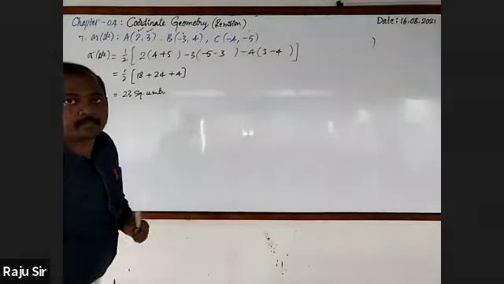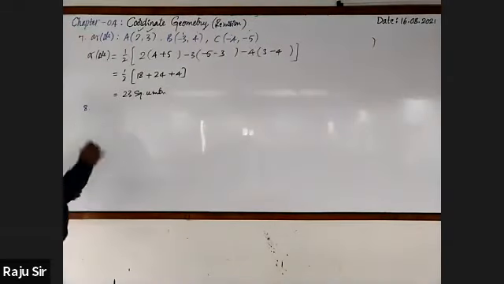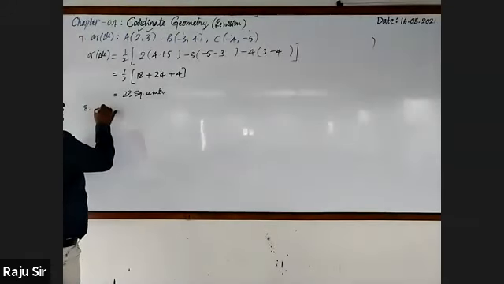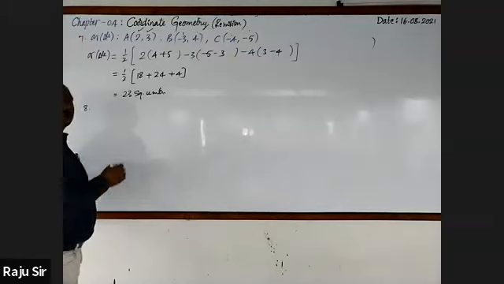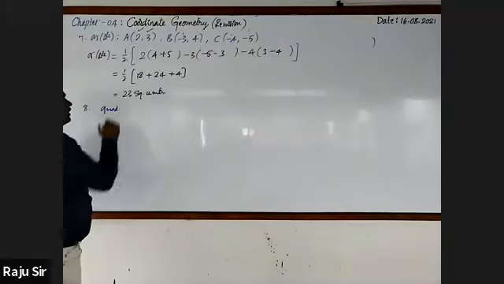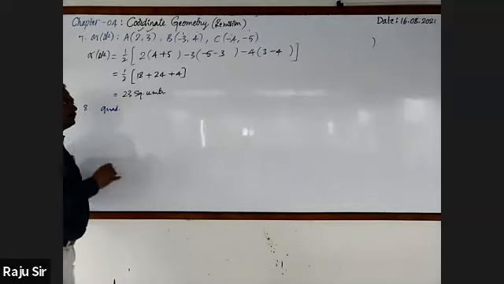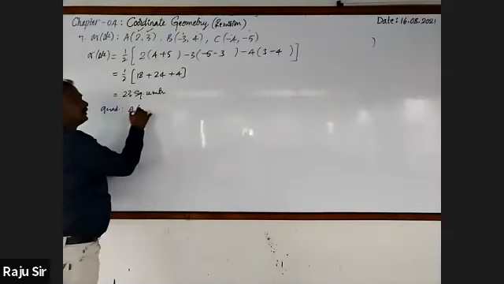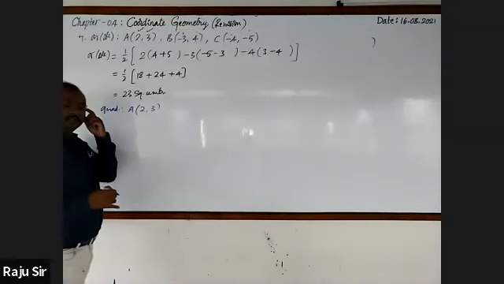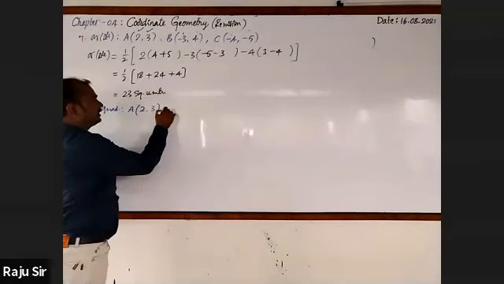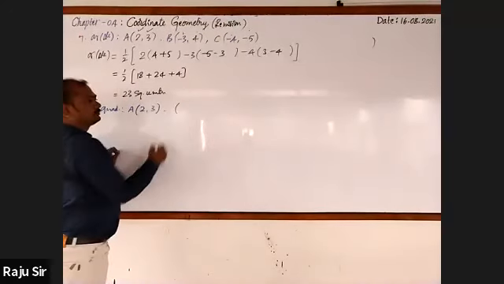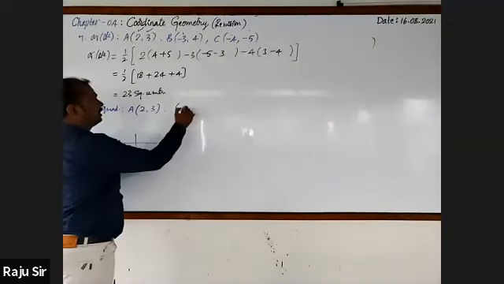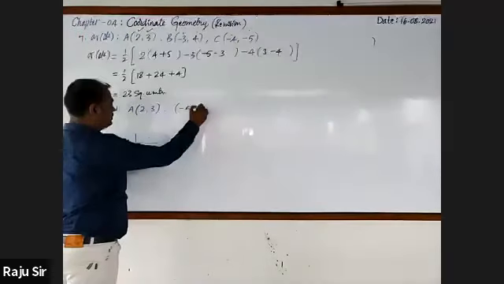Similarly, I'll take 4 points. By joining 4 points, you get a quadrilateral. The first point A is (2, 3). The second point B is (minus 5, 3).